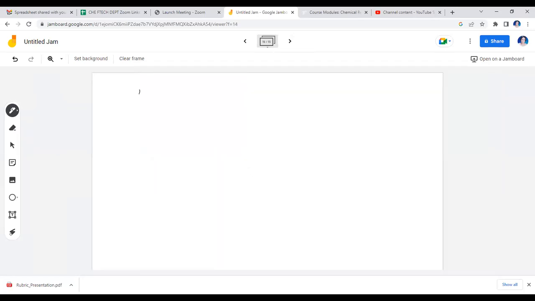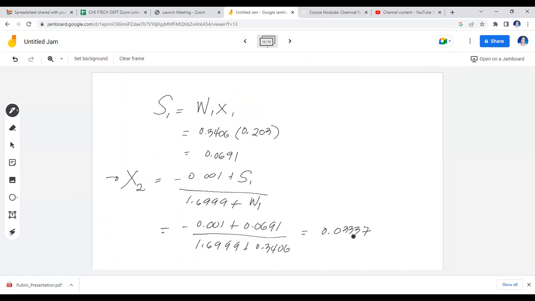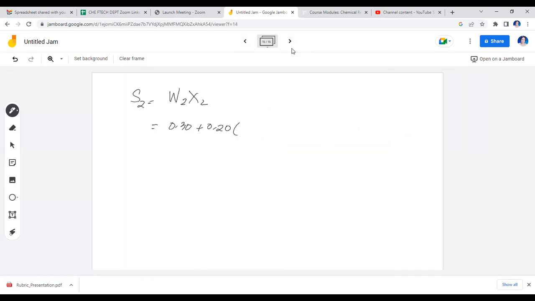So your S2 will be your capital W2 times X2. And this is equal to 0.3 plus 0.2 times your X2 as solved in the previous page here, 0.03337.